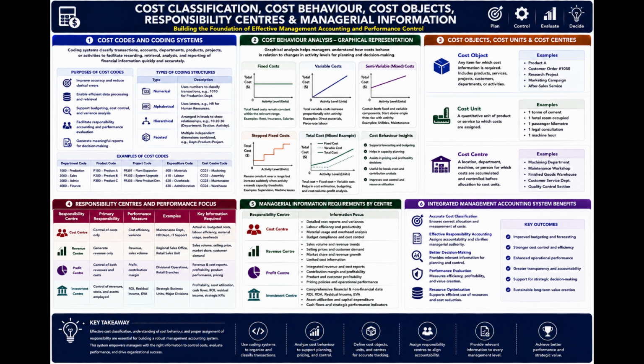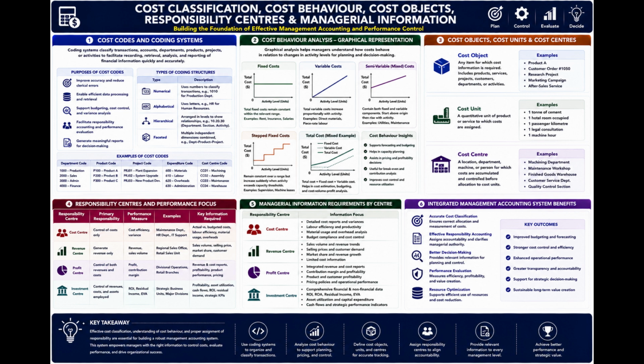Responsibility accounting further classifies organizational units into cost centers, revenue centers, profit centers, and investment centers, each reflecting different managerial responsibilities and performance measures. A cost center is responsible only for controlling costs and does not directly generate revenue. Examples include maintenance departments or human resource functions.